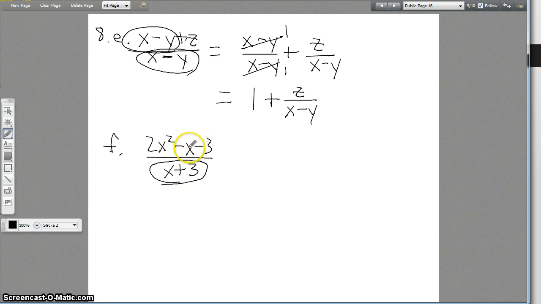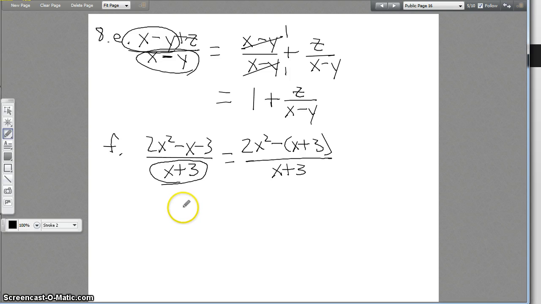Well, in the numerator we do have an x and a 3, but they're negative and we need them to be positive. So I'm going to rewrite my numerator as 2x² - (x + 3) over x + 3. Now this is still equivalent because notice if we do negative times x, we get our negative x. If we do negative times 3, we get our negative 3.